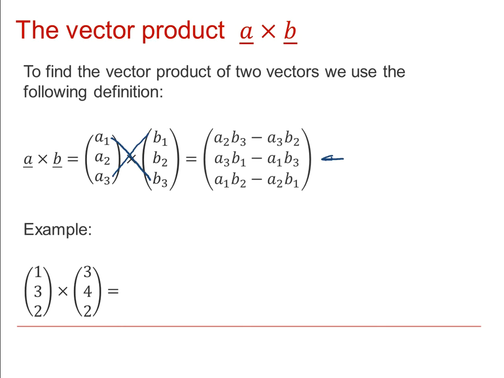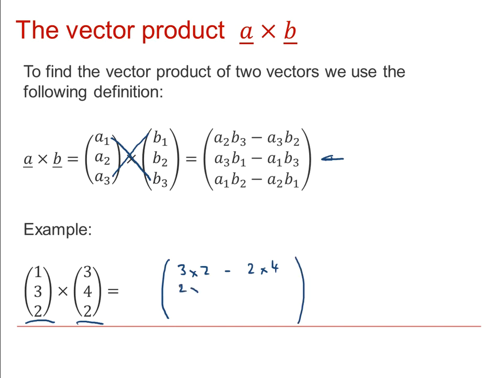So here's an example of that in practice. We've got the vector (1, 3, 2) cross product with (3, 4, 2). So the top line comes from the products of the second and third lines. So 3 multiplied by 2 minus 2 multiplied by 4. We then have line 3 multiplied by line 1.